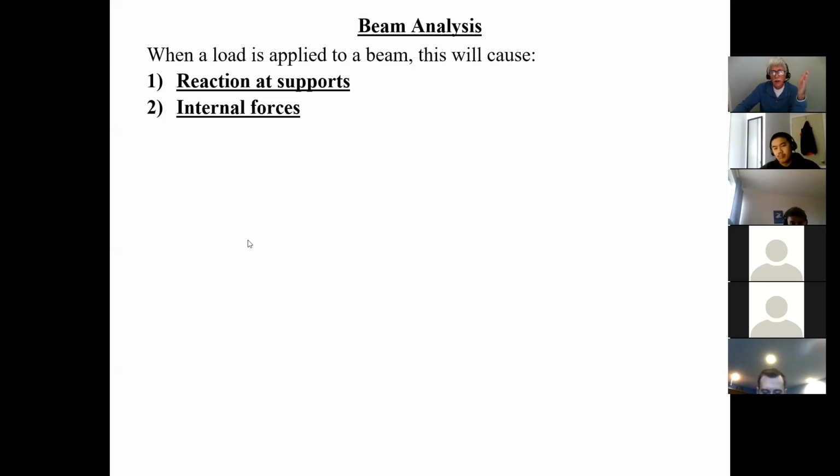And then the second thing is that you will have internal forces that will develop in order to keep everything in balance. Now, what are some of the internal forces that are created when you apply a load or a force on a beam? Does anybody know? Does anybody want to venture a guess?